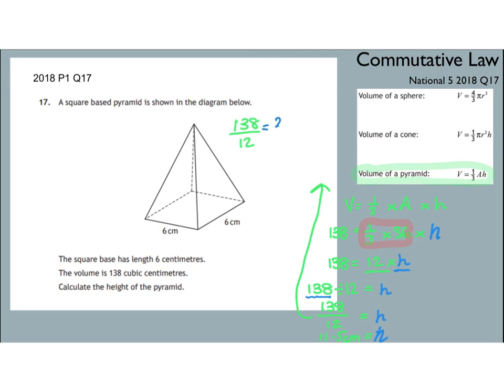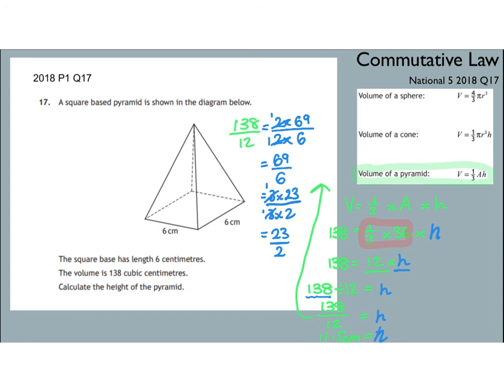So 2 times 69, 2 times 6. Divide the top and the bottom by 2, and you get 69 over 6. Next thing I notice is that 3 goes into both of those. 3 times 23 and 3 times 2. Divide them both by 3, and I've got 23 divided by 2.